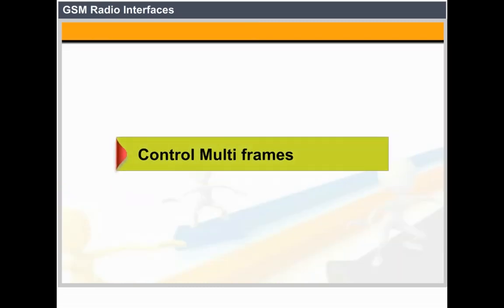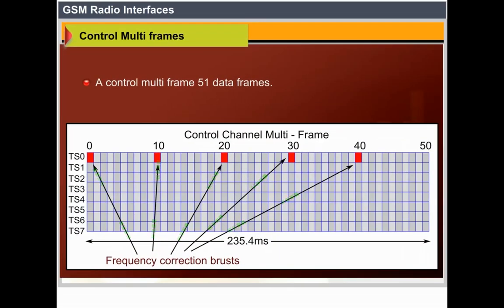Control multi-frames. A control multi-frame has 51 data frames. A control multi-frame transmits in 51 × 4.615 ms = 235.4 ms. A traffic multi-frame transmits in 120 ms. Superframe.